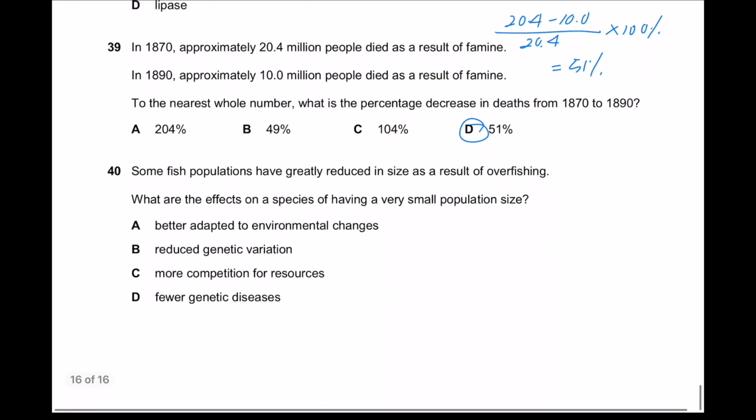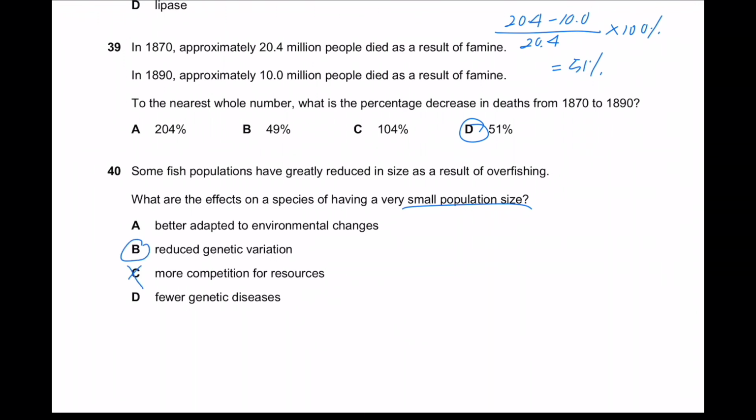Next question. Some fish populations have greatly reduced in size as a result of overfishing. What are the effects on a species of having a very small population size? A small population size doesn't necessarily mean that they'll be more adapted. The answer would most probably be B, and C is definitely incorrect.